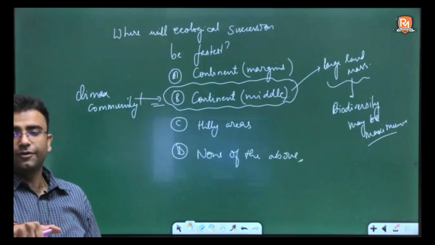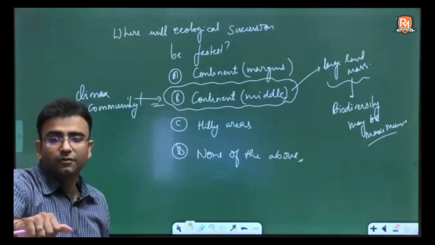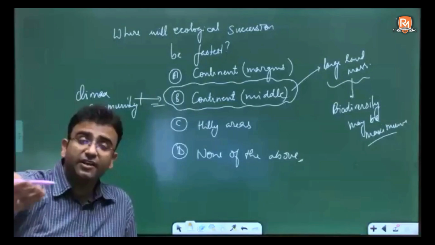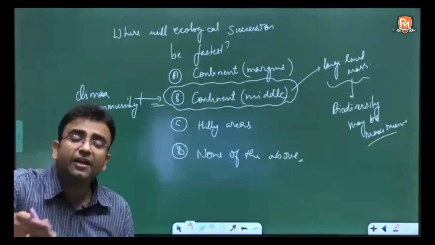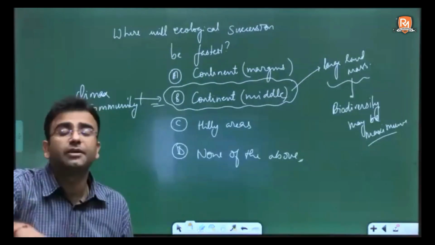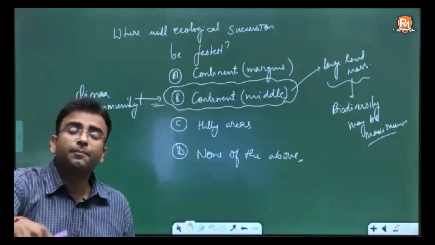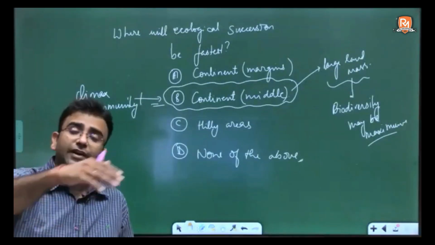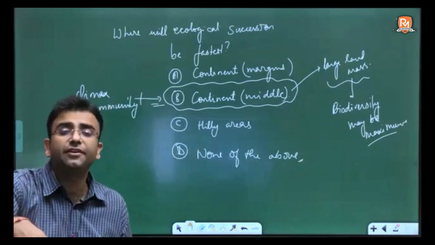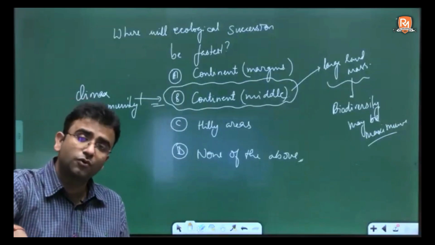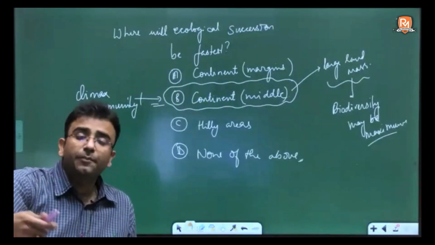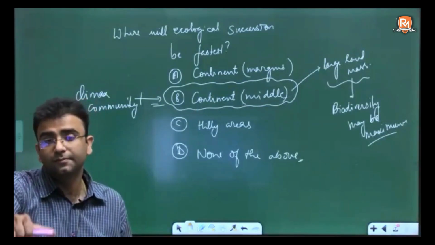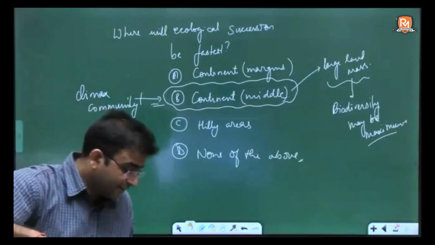Land biodiversity, see Mira, is generally accepted to be maximum in the continental middle. You see the biggest of the forests like the Amazonian forest. It is very limited to the coast, but mostly located in the interior on the banks of the river Amazon. So the majority of the biodiversity is generally seen in the plain areas, and that too in the continental middles. That's right.